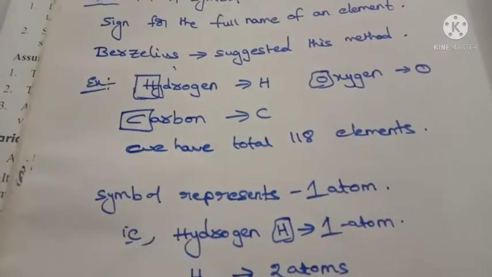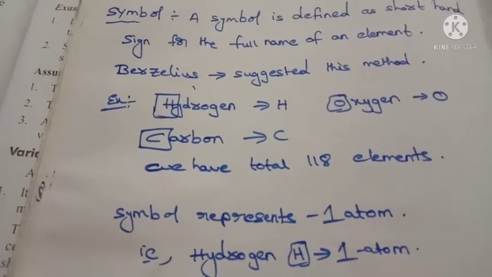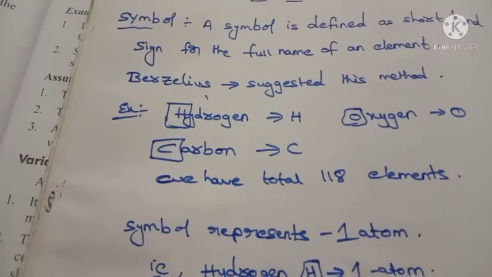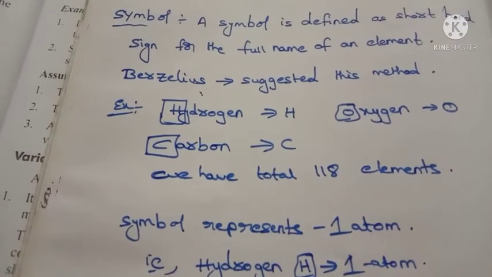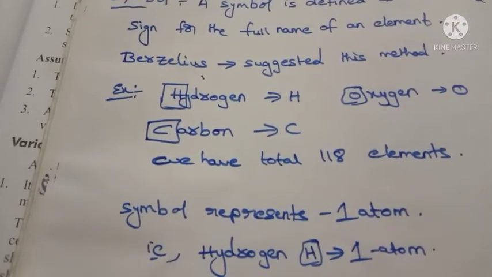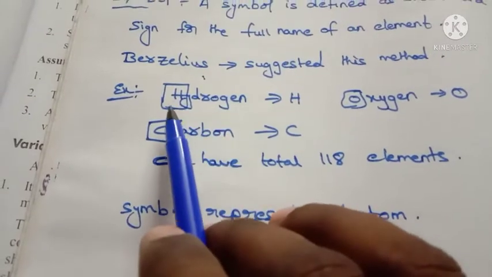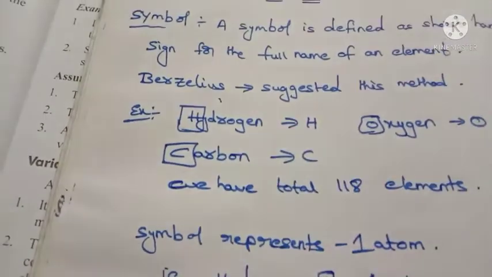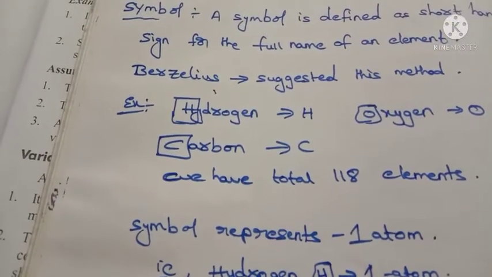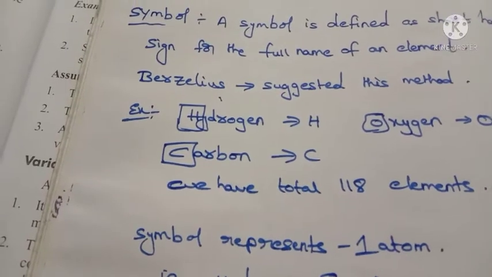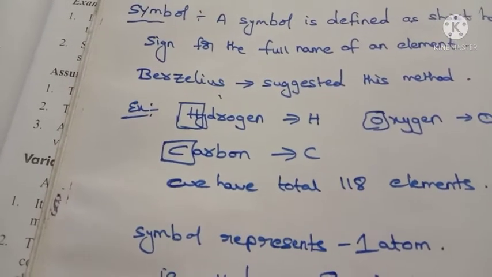My dear children, like this, how many elements do we really have? We have a total of 118 elements in the periodic table. So, are all 118 elements represented taking only the first letter? No. Some take the first letter and second letter, that is, the first two letters.